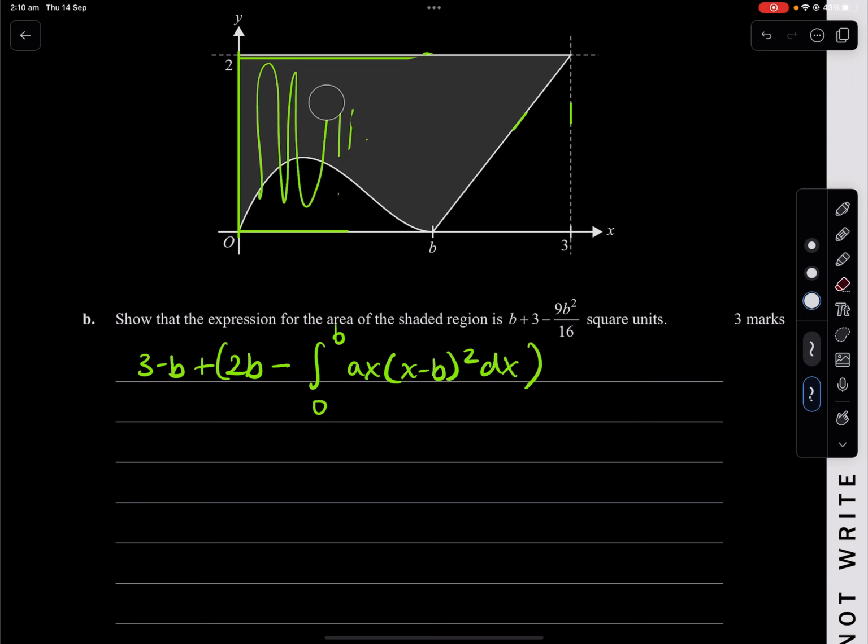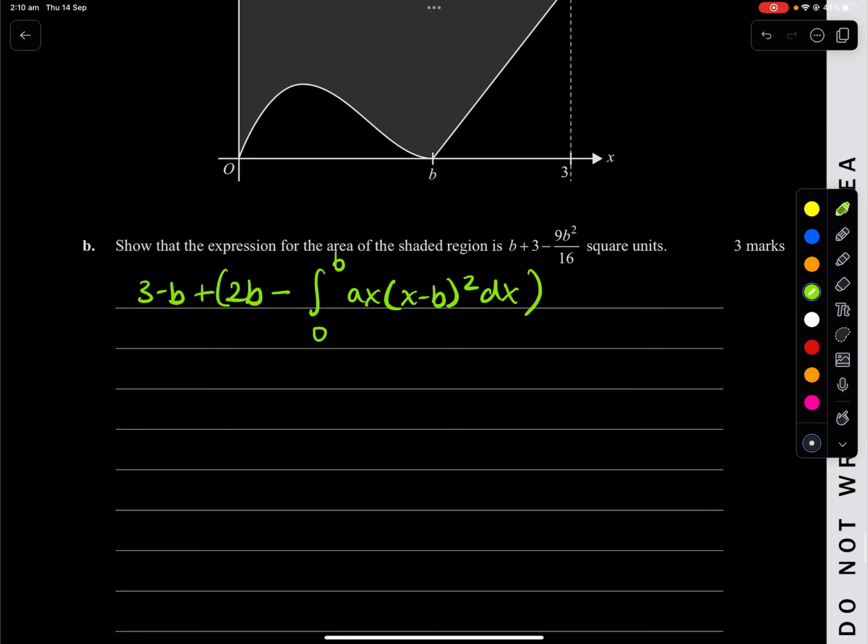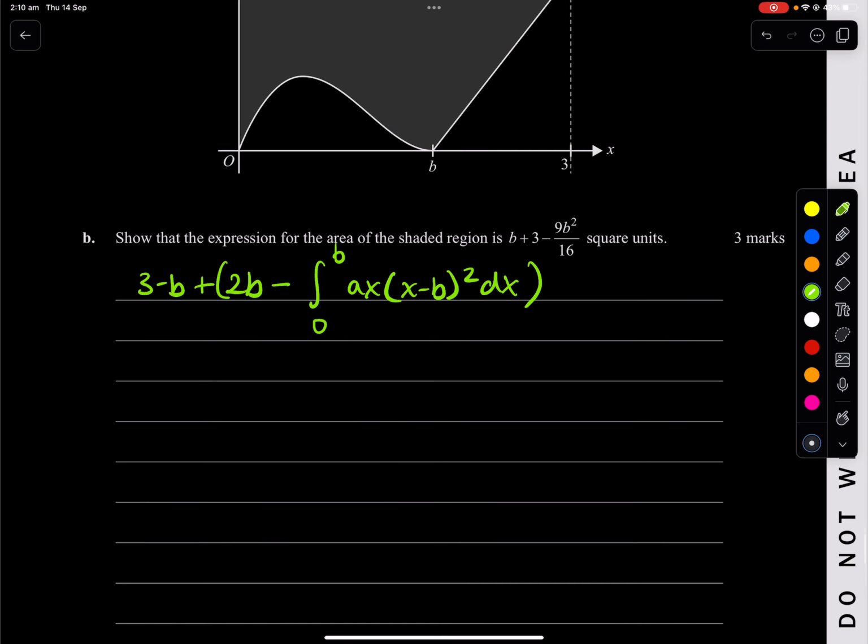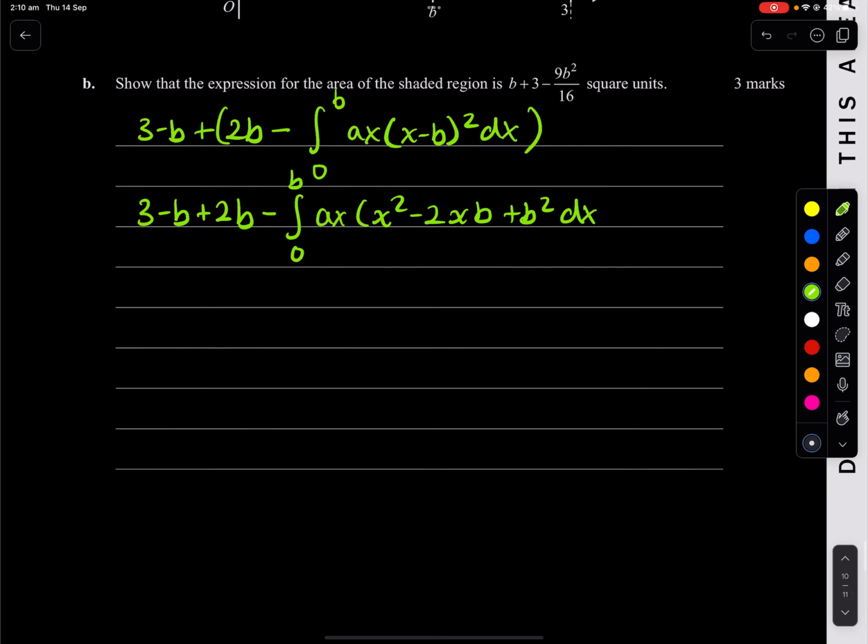Let me just rub this all off and let's do the calculations now. So 2b minus, let's just expand this. That'll be ax times x squared minus 2xb plus b squared dx.